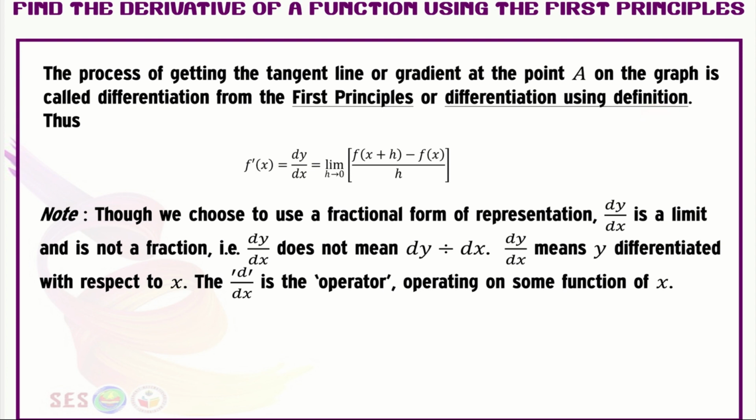So we have the formula f prime, also known as dy dx, which is equal to the limit of f(x plus h) minus f(x) over h as h approaches 0.